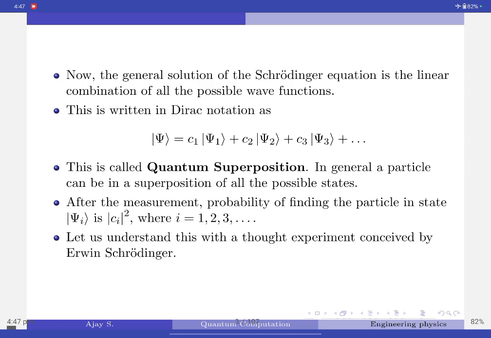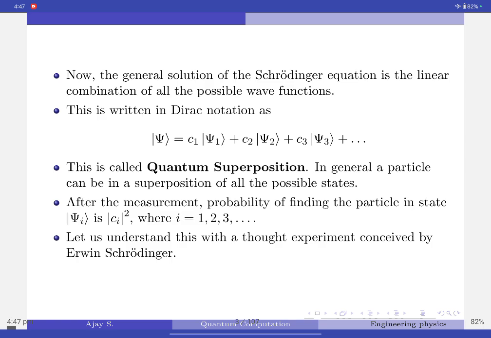In general, a particle can be interpreted to be in a superposition of all possible states. After the measurement, the superposition collapses and the particle is found to be in the ith state.